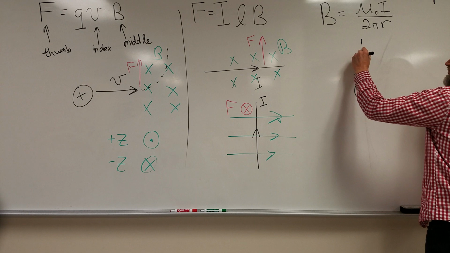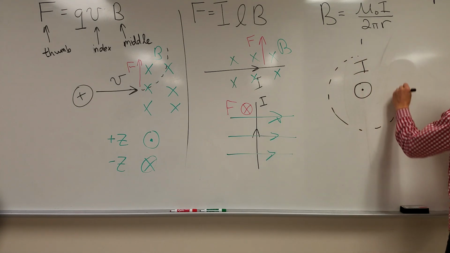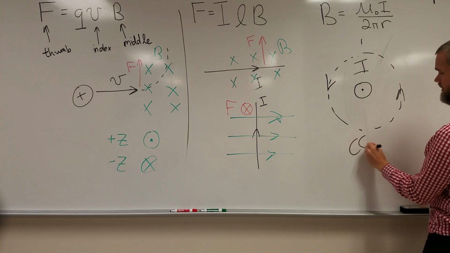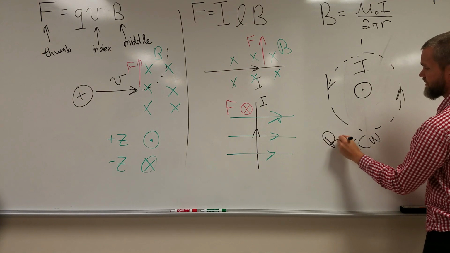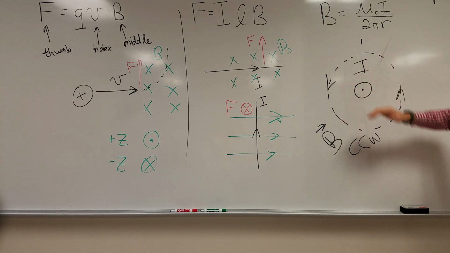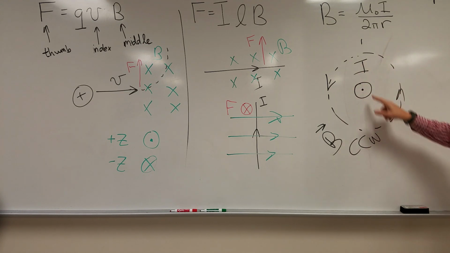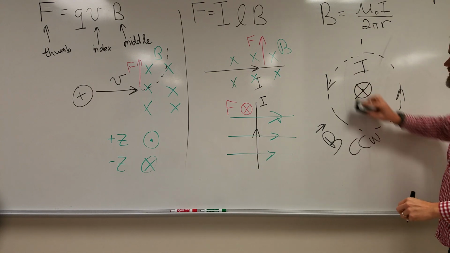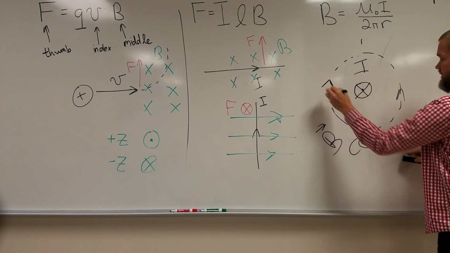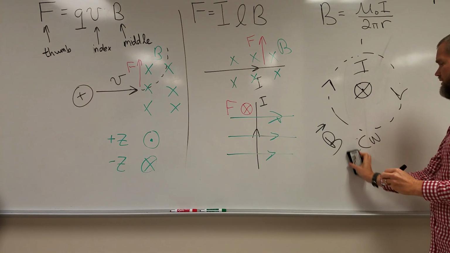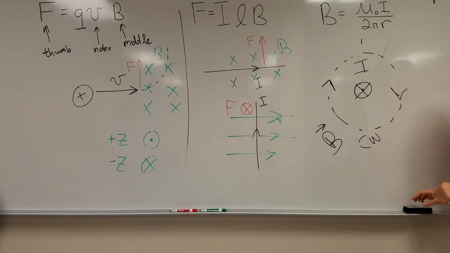So my magnetic field is counterclockwise; the fingers wrap around in the direction of the field. Now recognize that if the current instead was into the page, it would just switch directions. It would not be counterclockwise, but clockwise: the magnetic field generated by that wire going into the page.